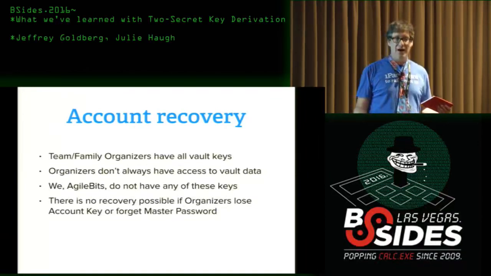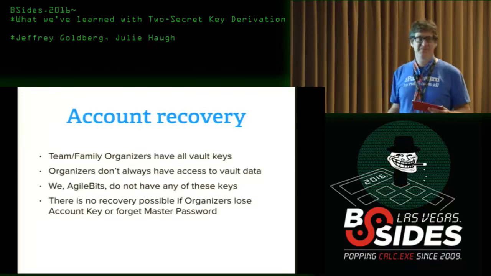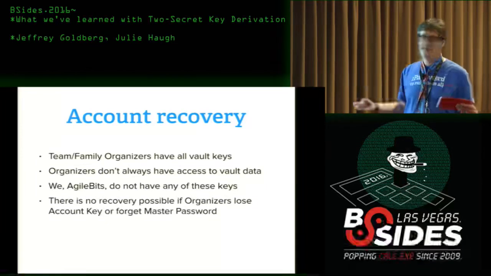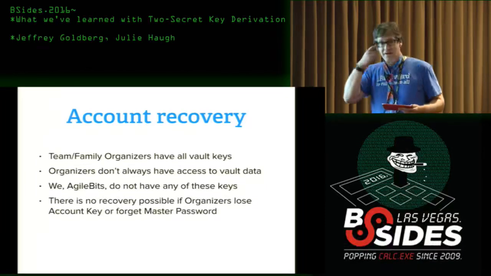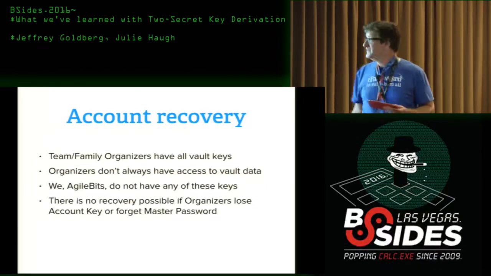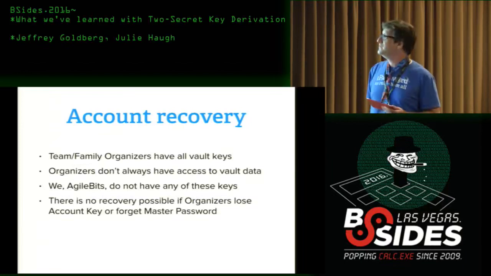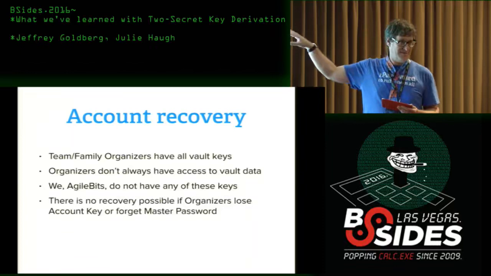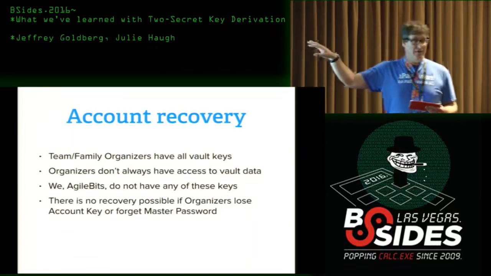We shouldn't have the power, and we shouldn't have to be sitting there trying to decide whether some request is genuine from the real owner. So what we've done instead is we have given the family organizers or team owners that power.